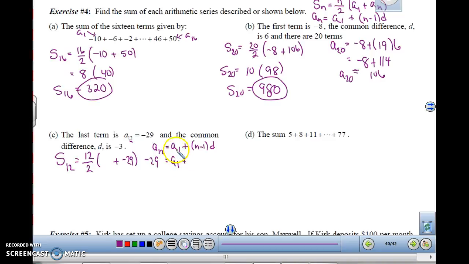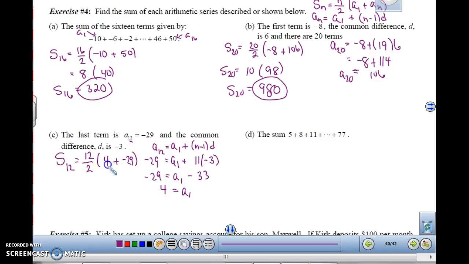Now, if we're on the first term, how many times do we have to add to get to 12? We have to add 11 times what common difference? -3. So that gives me -29 equals a of 1 minus 33. So if I solve this for a of 1, add the 33, a of 1 would have to be 4. Okay, so my first term is going to be 4.